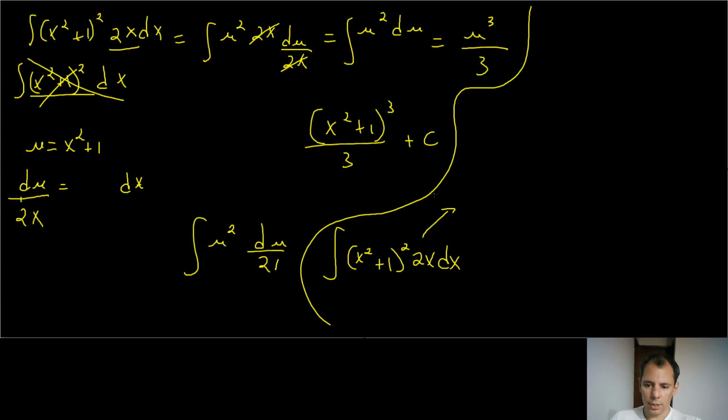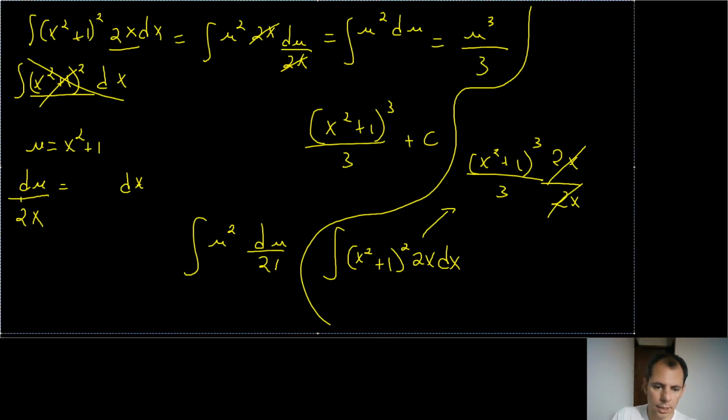So integrating, you're going to get (x squared plus 1) cubed divided by 3, divided by the derivative of the inner function, which is 2x. But you already have a 2x in here, so it's done. Because 2x divided by 2x, one's going to cancel the other, and you're done.